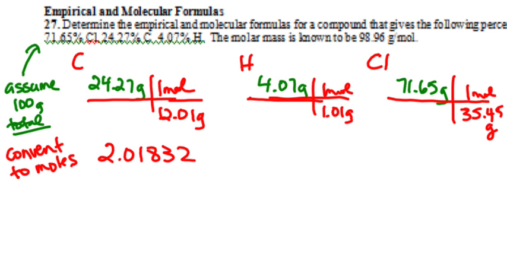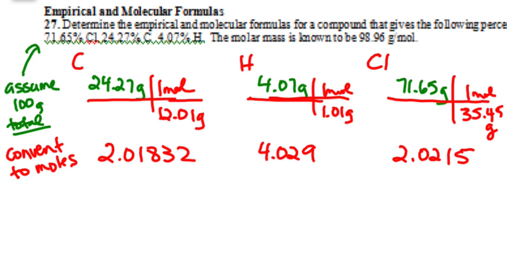Hydrogen. How many moles? And then chlorine. All right, so those are all my moles. If I want the lowest number mole ratio, I can't just take C2H4Cl2 because that's not going to find me the lowest whole number ratio.